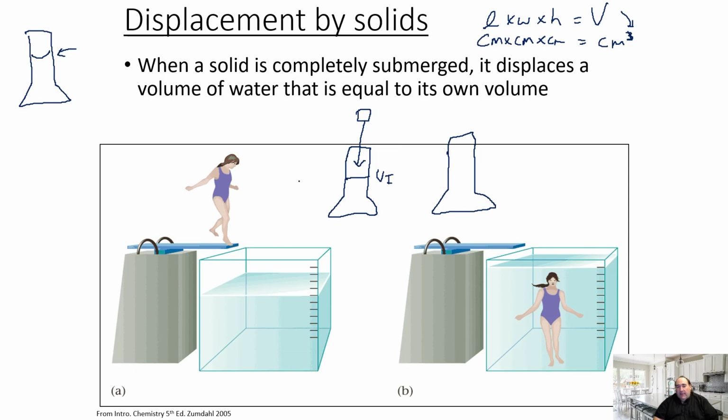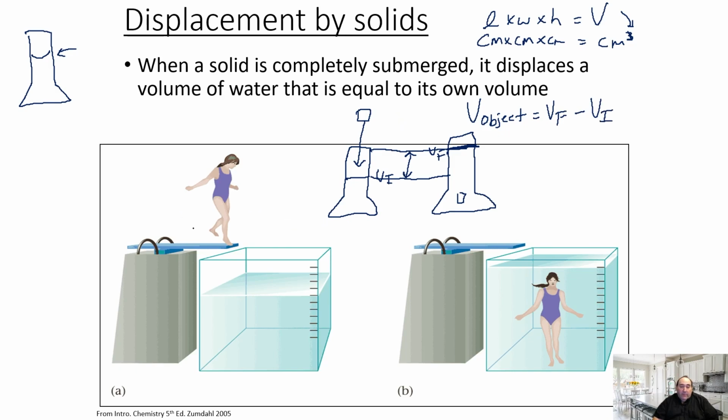Take a second to think about it, and hopefully your answer is the volume will go up to a final volume. The solid object will actually displace a volume that's equal to its own volume. So if we take the difference in the volume of where it started to where it ended, that will give us the volume of our object, which is our final volume minus our initial volume.